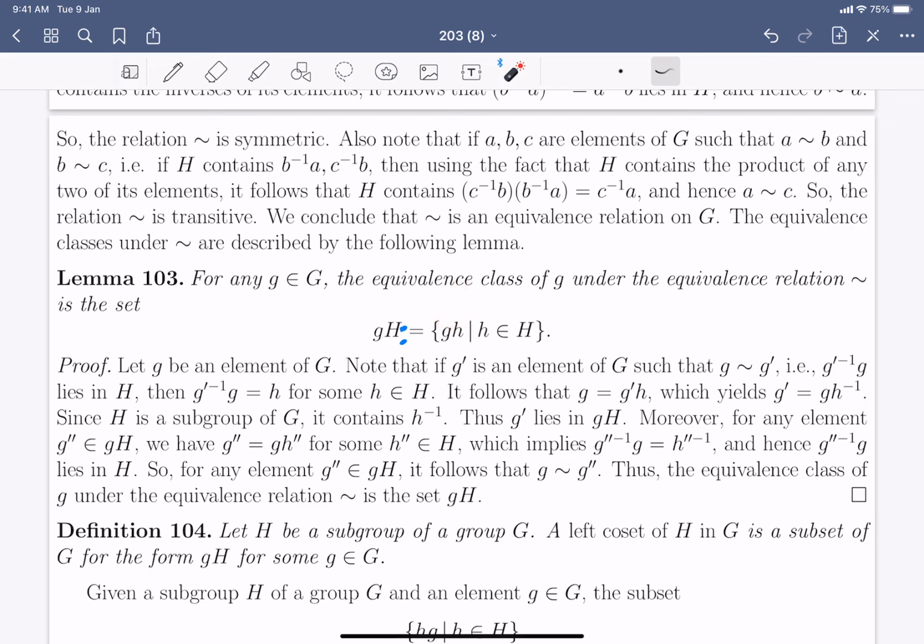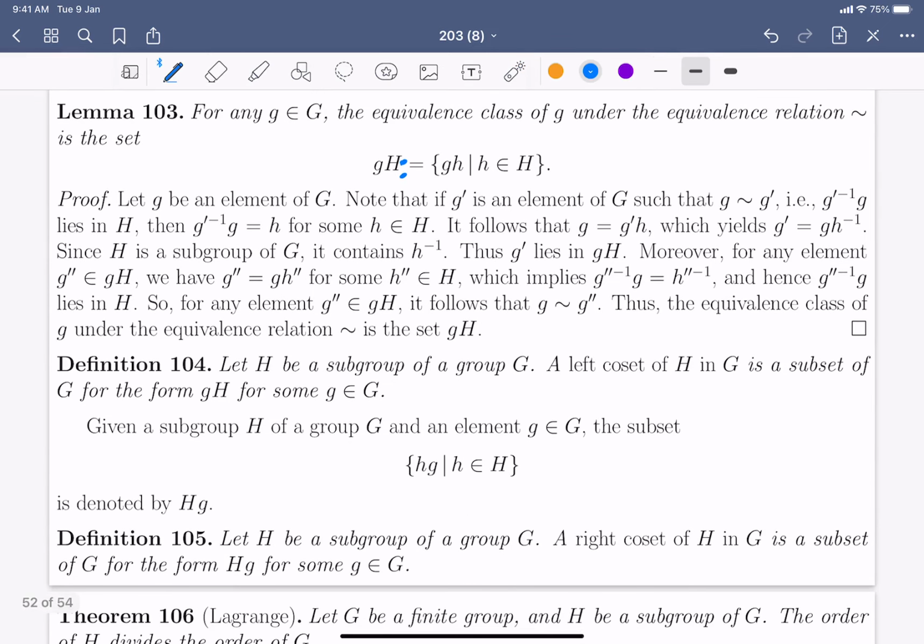So sometimes this is phrased in words, as I have just stated, as follows: the equivalence class of g under the equivalence relation tilde is equal to the set consisting of the products of g by elements of H from the right.